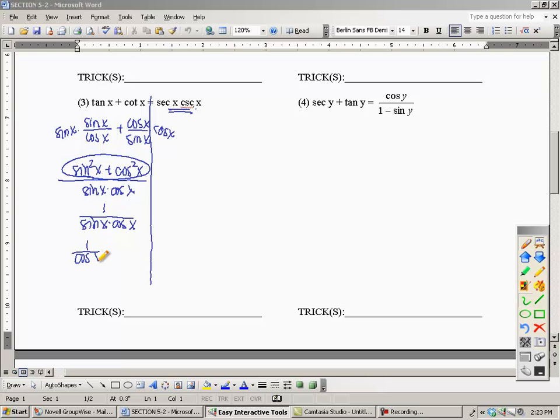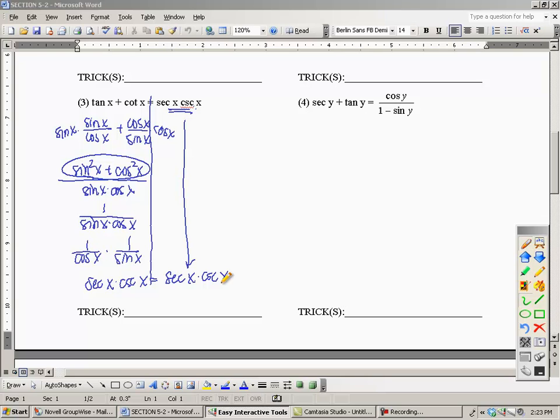So 1 over cosine times 1 over sine, which is the secant times the cosecant. And again, I'm just going to drop this one down, the secant of x times the cosecant of x.